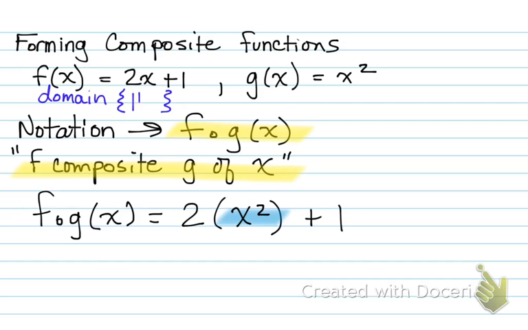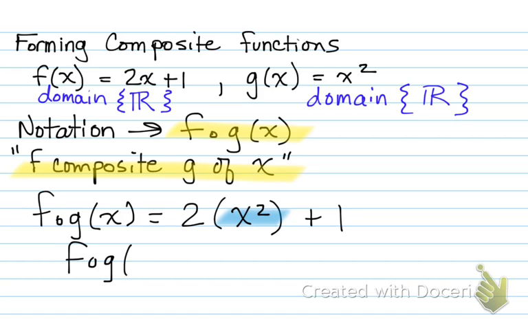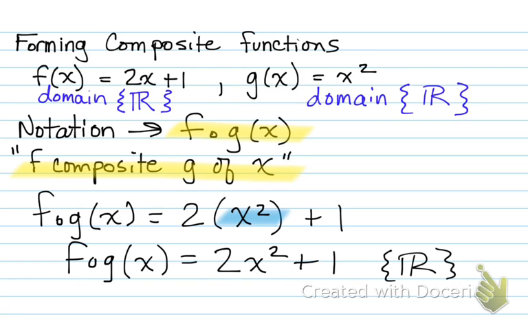Since the domain of f is the set of all real numbers, and the domain of g of x is the set of all real numbers, because f is linear and g of x is a quadratic, we simplify this quadratic here, and there's not much anything else we can do with this. The domain of that composite is just the set of all real numbers.